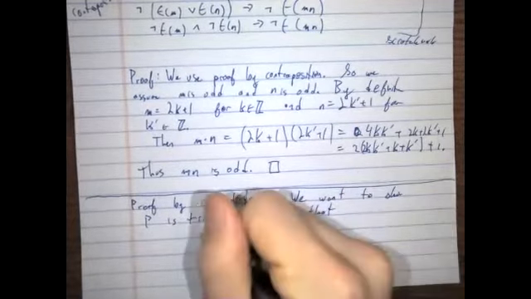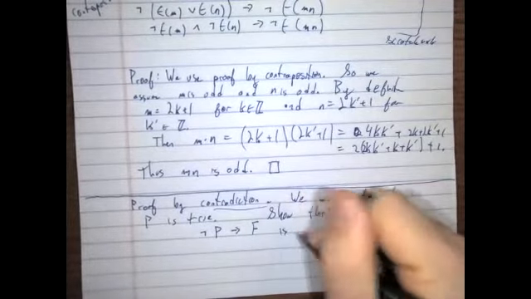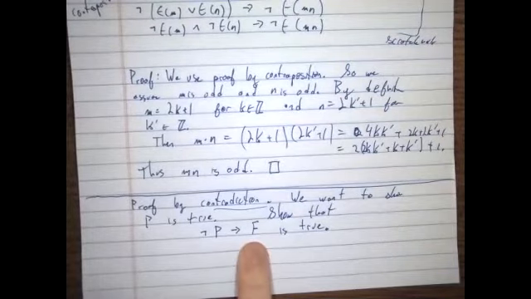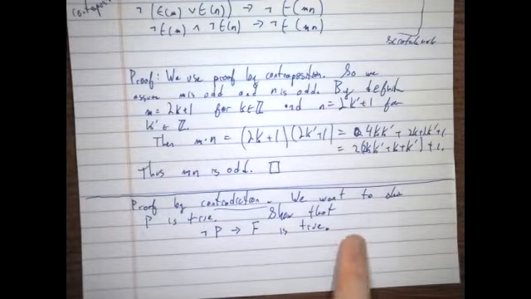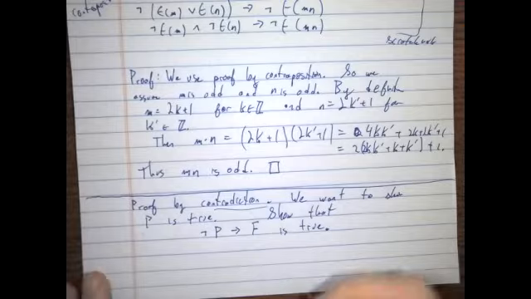that not P implies false is true, right? So here false is the contradiction statement, where a tautology is a statement that's always true and a contradiction is a statement that's always false. So if not P implies false is true, then what does that force the hypothesis to be? False. Yes, exactly.